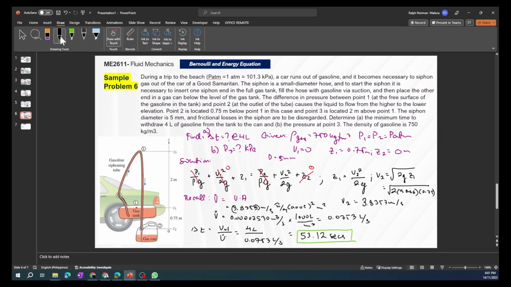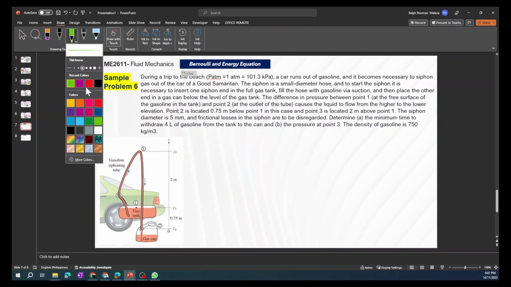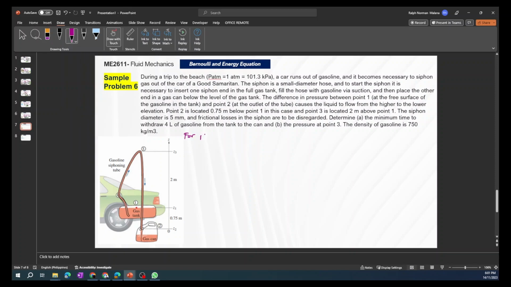For letter B, we're here to determine the pressure at point 3. All right, so let's add another slide. For letter B, finding P3 in kPa. What we can do is reference from point 2 to point 3.